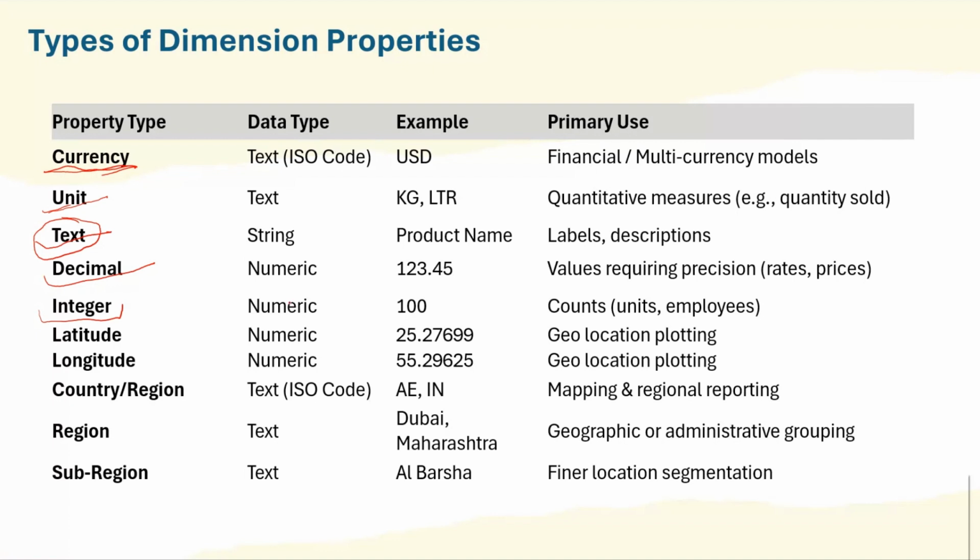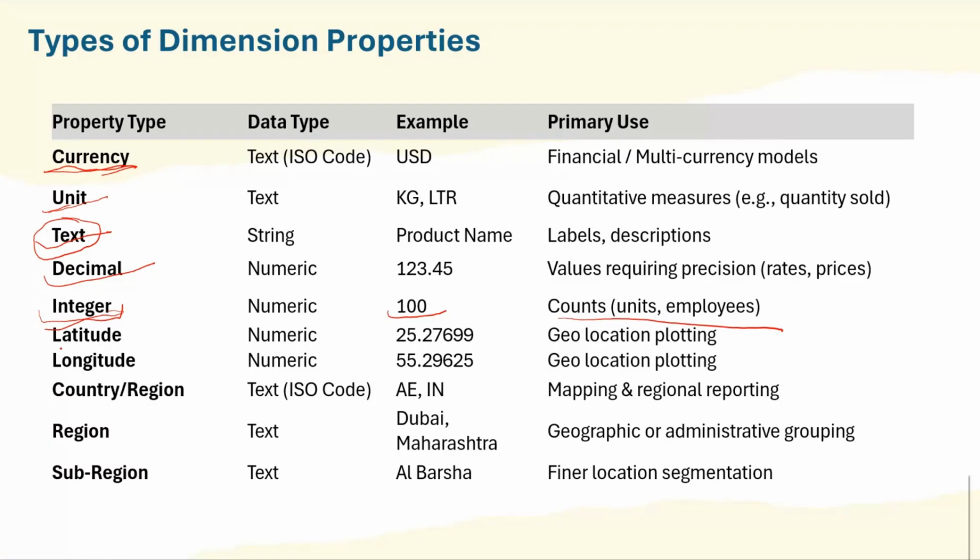So we can use it as a numeric number. Wherever we have a numeric count, for example, a department as my dimension table, within department I have a number of employees for each department. Then we can use this integer as the number of employees. You can see here the example is already there.